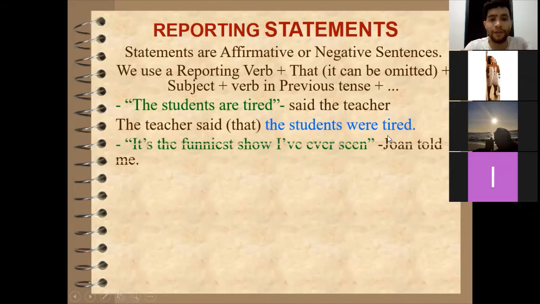Good. We have another one here. Take a look. "It's the funniest show I've ever seen," Joan told me. Joan is a girl, by the way. It's a woman. "It's the funniest show I've ever seen," Joan told me. Reported speech, please.